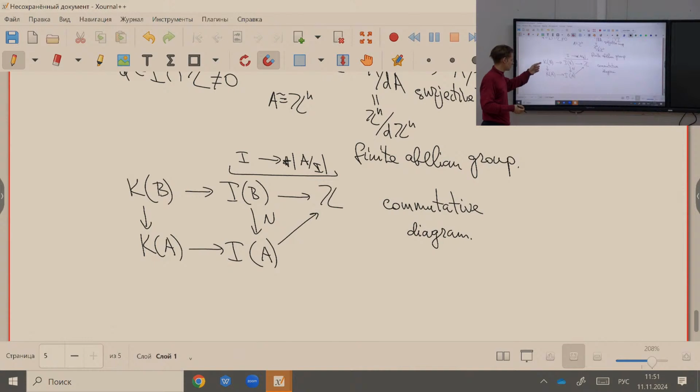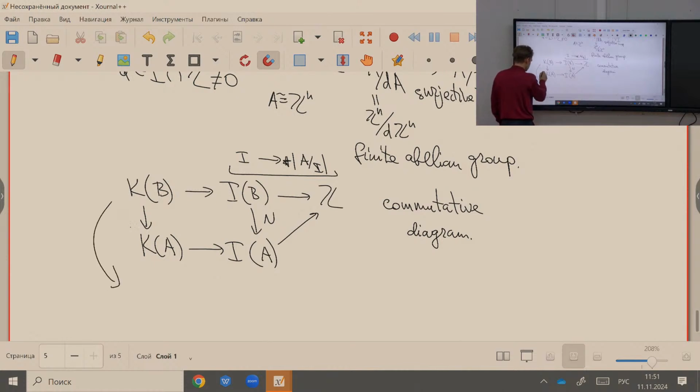So here it is just the number of elements. So this is for I, but for finite modules it is just the sum of... If you have finite abelian groups already here, it is just the number of elements.